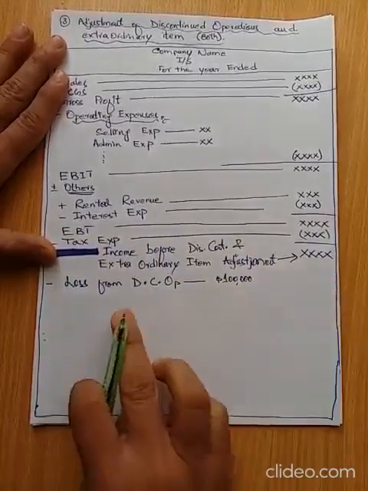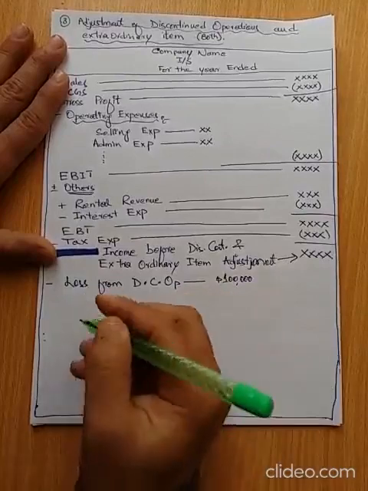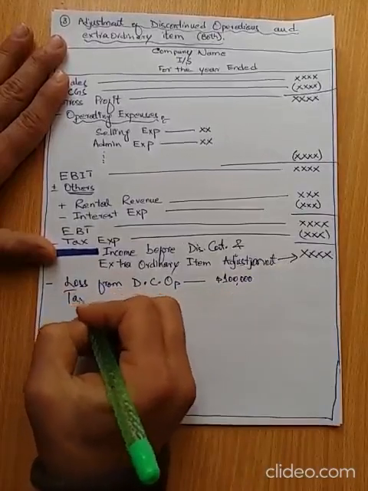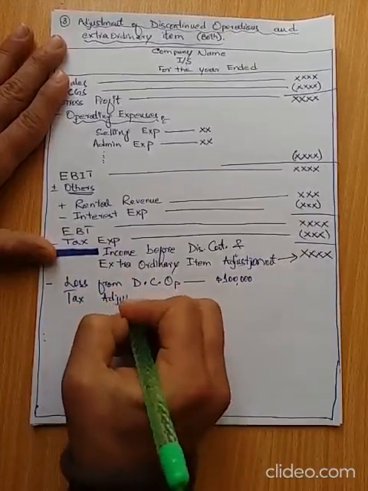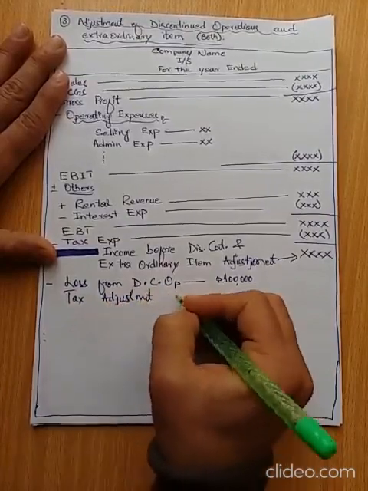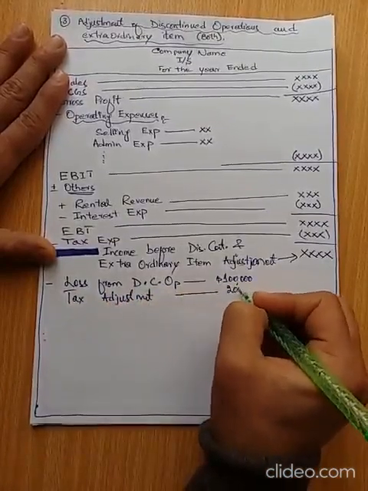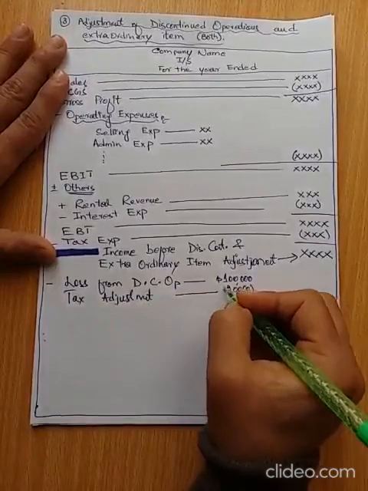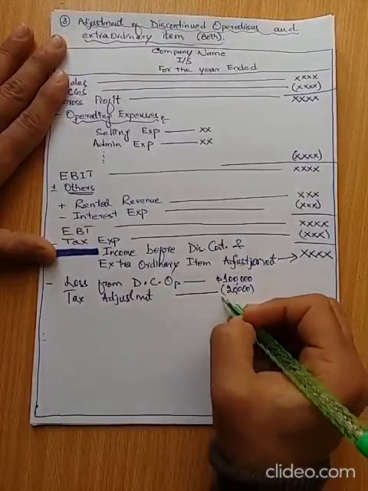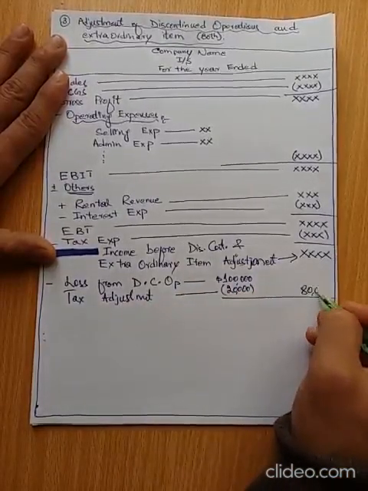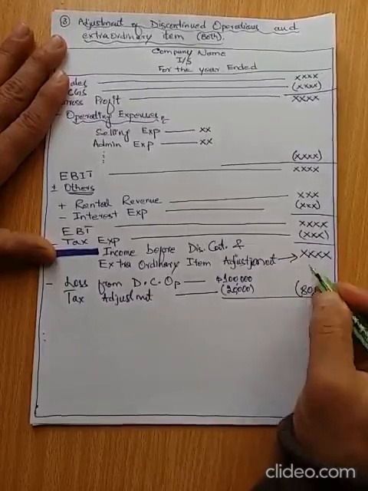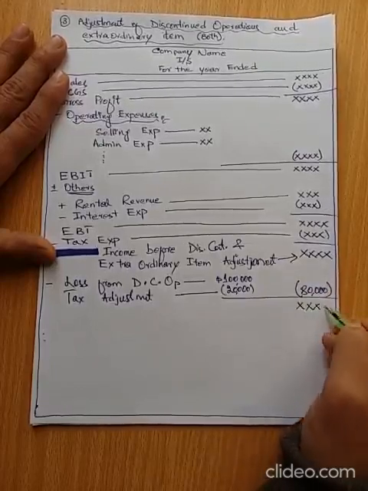And then I will go for tax adjustment. So the tax adjustment, 20% of this is $20,000. Okay, so what I will do, I will write here $80,000. I subtract it, I get a remainder here.